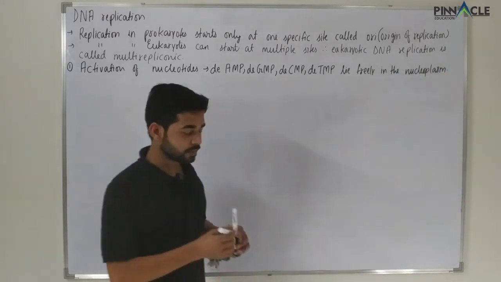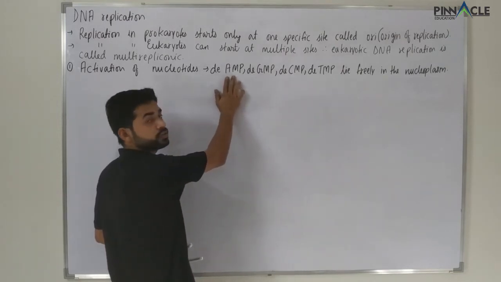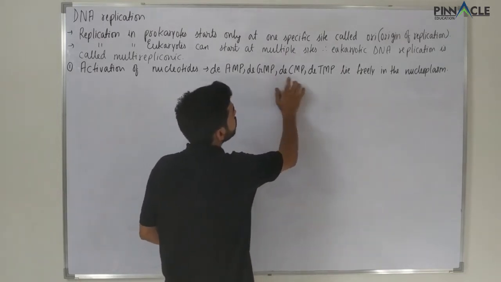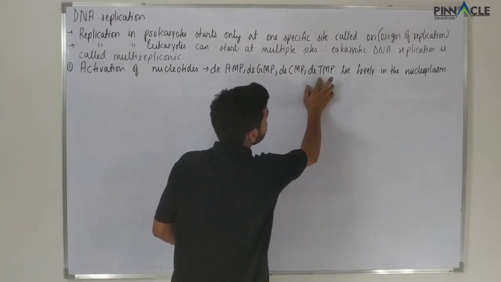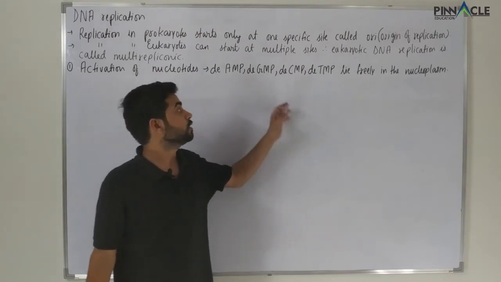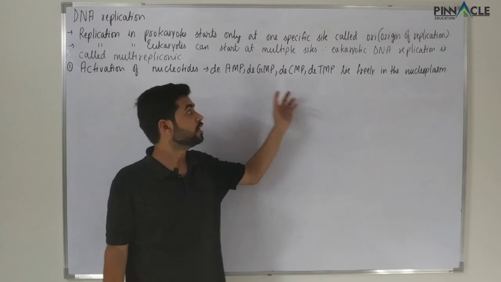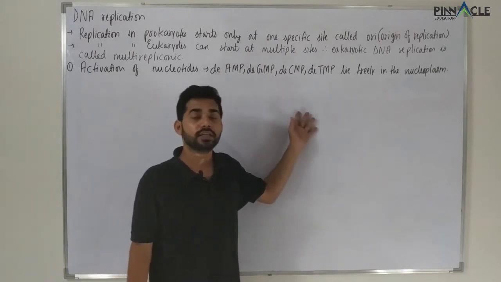In the previous class we had seen what NMPs are, that is adenosine monophosphate, guanosine monophosphate, cytidine monophosphate, thymidine monophosphate. These occur freely in the nucleoplasm, but these cannot directly be inducted in the replication. Why? Because they don't have any energy source.